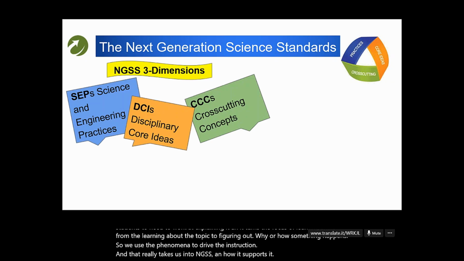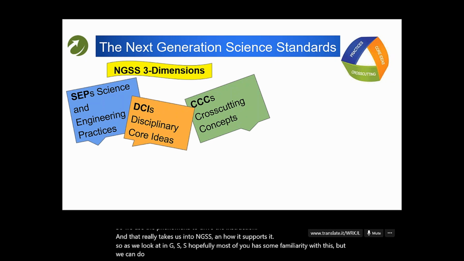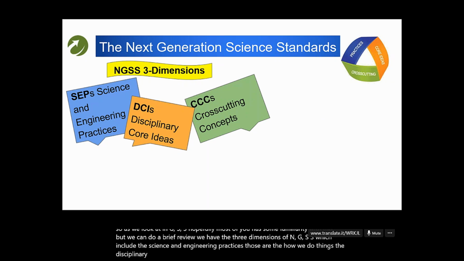Yeah, so as we look at NGSS, hopefully most of you have some familiarity with this, but we can do a brief review. We have the 3 dimensions of NGSS, which include the science and engineering practices. Those are the how we do things. The disciplinary core ideas are what we learn about, and the cross-cutting concepts is kind of the thinking that goes across the different disciplines.